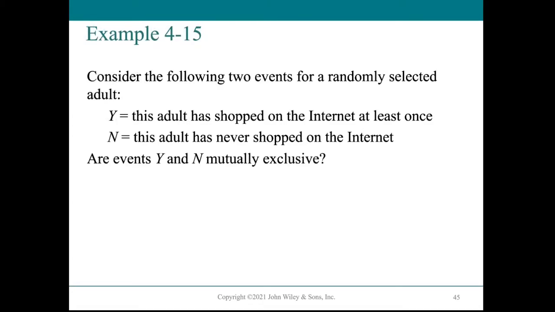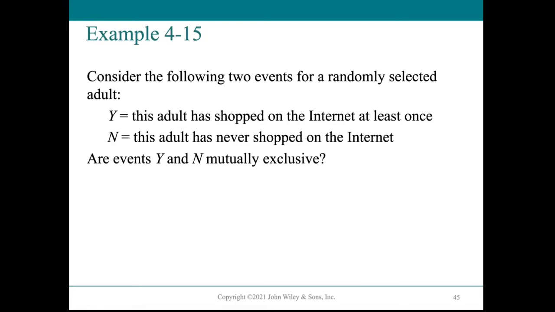So let's consider this example. Consider the following 2 events of a randomly selected adult. Y is this adult has shopped on the internet at least once, and N, this adult has never shopped on the internet. Are the events Y and N mutually exclusive? Is it possible for these events to occur at the same time?